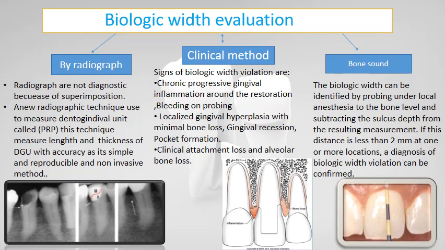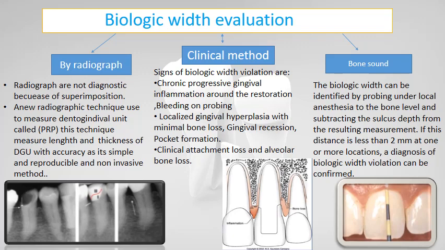So, what are the signs of biologic width violation? The signs are chronic progressive gingival inflammation around the restoration, bleeding on probing, localized gingival hyperplasia with minimal bone loss, gingival recession, pocket formation, clinical attachment loss, and alveolar bone loss.